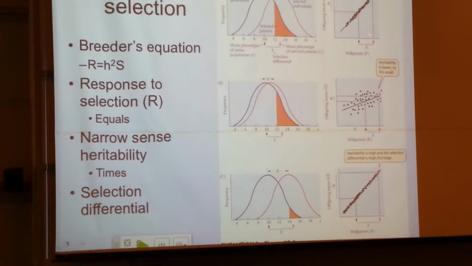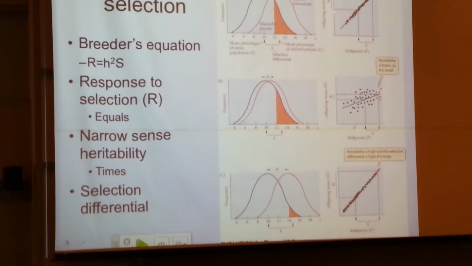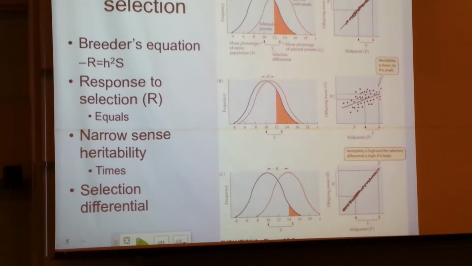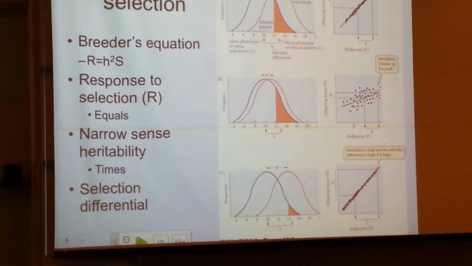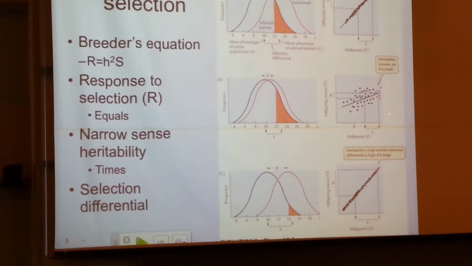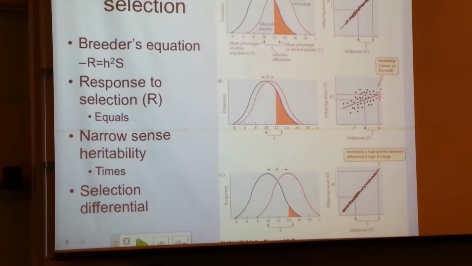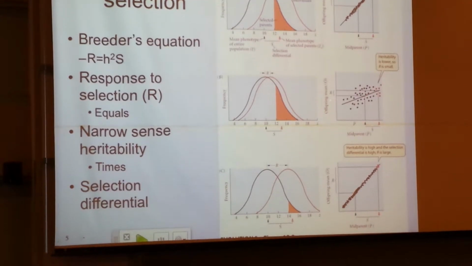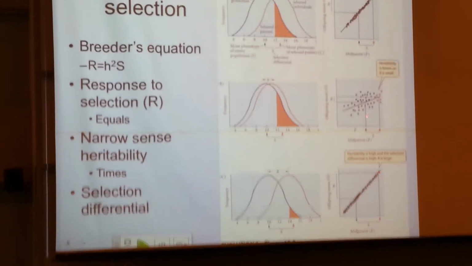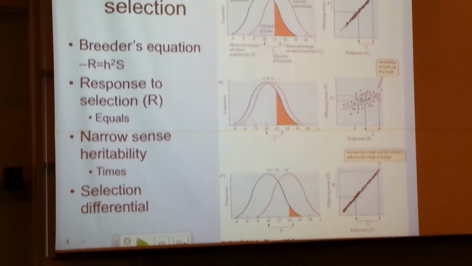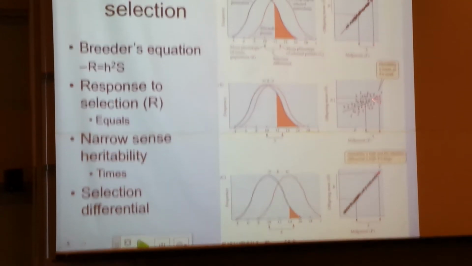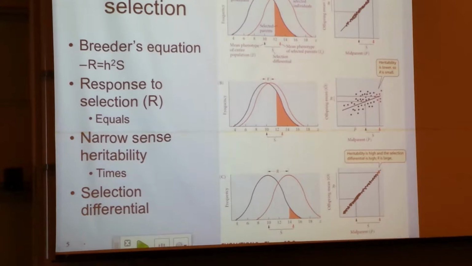So you select these individuals and breed them, and the response is just about as high. But here where you have lower heritability, with the slope, r squared, lower, then basically this distance is multiplied by something shallower than 1, so the response is smaller.